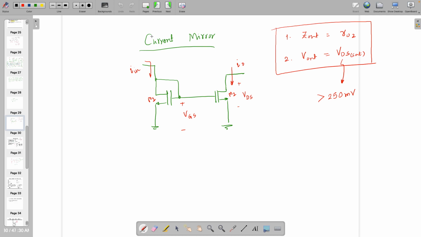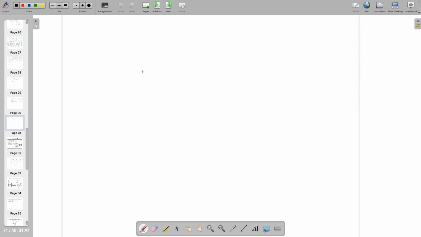It depends on technology. This is the current mirror which we were studying. So current mirror has only 2 main specifications, current source or current sink. By the way, you can name it as source or sink also. You need a current which is acting as a source or acting as a sink.